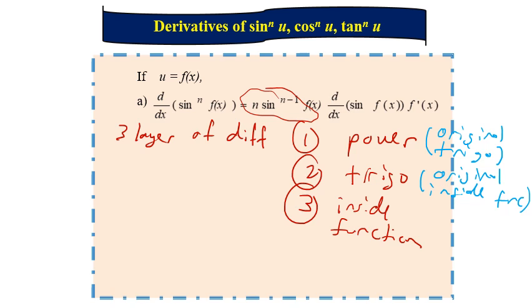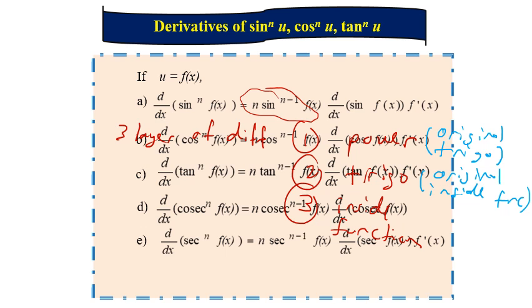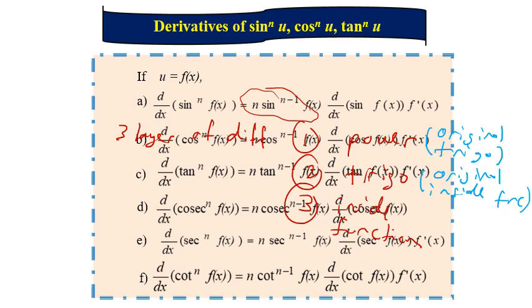And lastly, we differentiate the inside function. So that's the derivative of sine power of n of u, and so on for cos and also tangent. The formulas will be more or less the same, but remember, you have to differentiate layer by layer, as I mentioned just now.